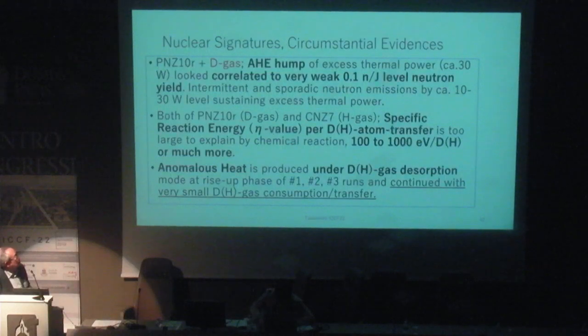We use this kind of measure. This is a very high value compared to chemical energy, which is less than 1 electron volt per hydrogen atom transferred. Especially in the case of CNG, this is very high, so this might be circumstantial, strong evidence of a nuclear signature.